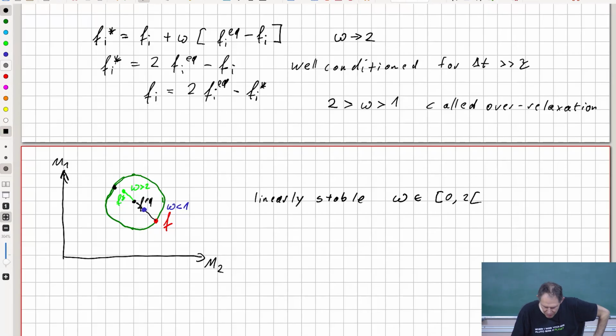Then we will be stable. So this blue one is under relaxation, and the green one is over relaxation.